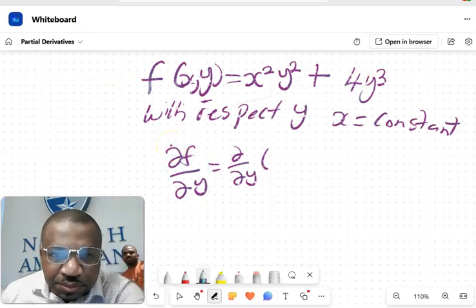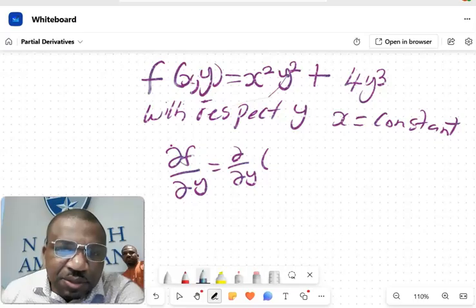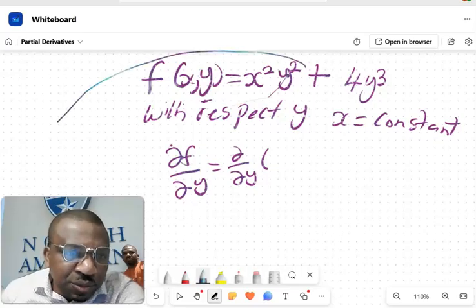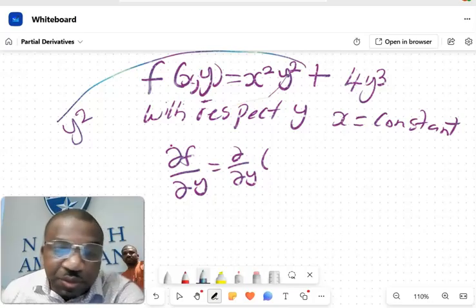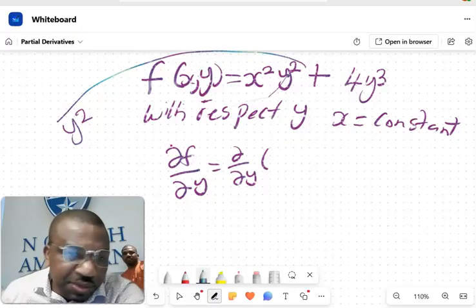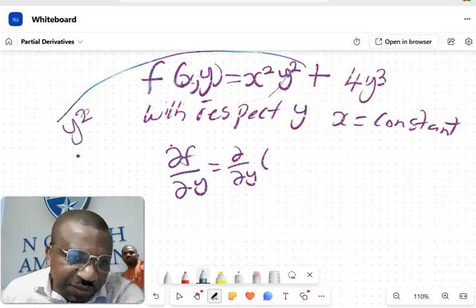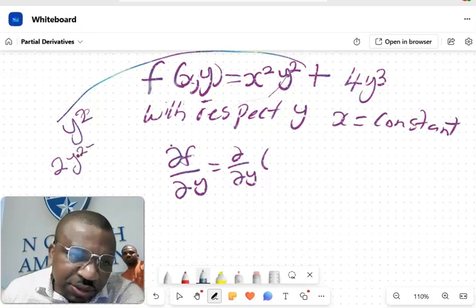So this y to the power 2 becomes, if we are using the power rule, which means that this 2 here will come in front of this y here. So it becomes 2y, then 2 here minus 1, which is equal to 1.